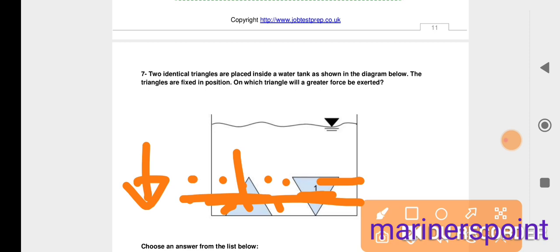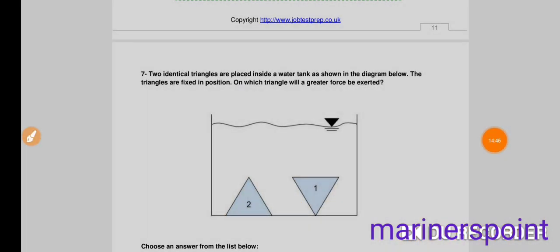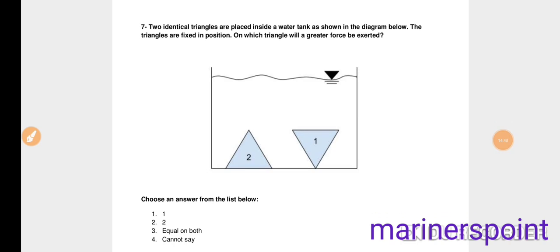For figure 2, mainly see here the area is more, that's why the force is more. So the right answer is second.